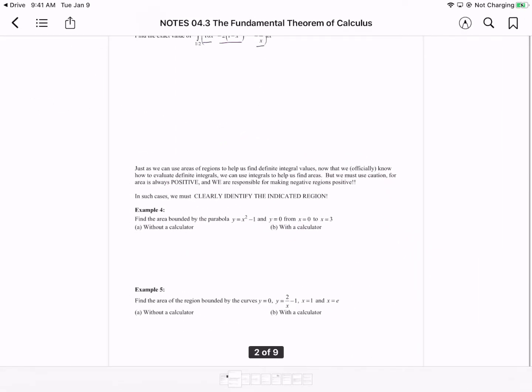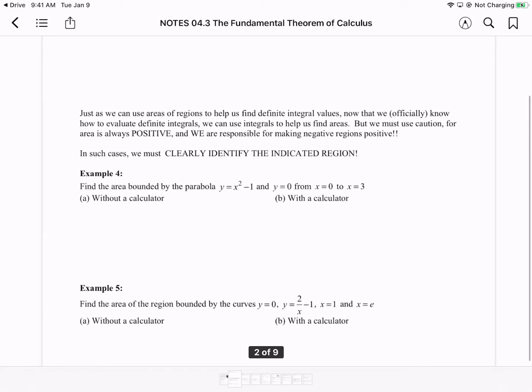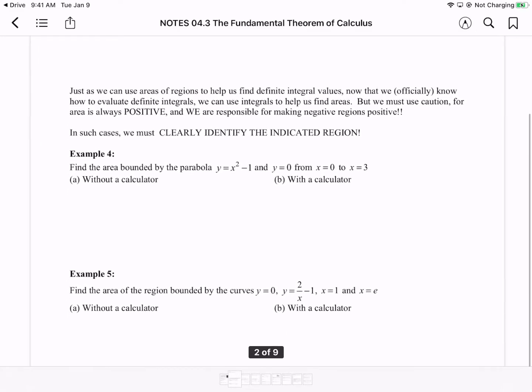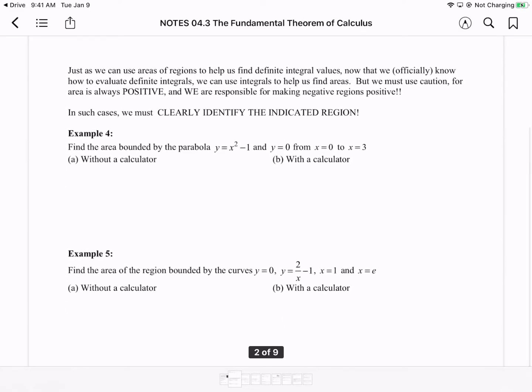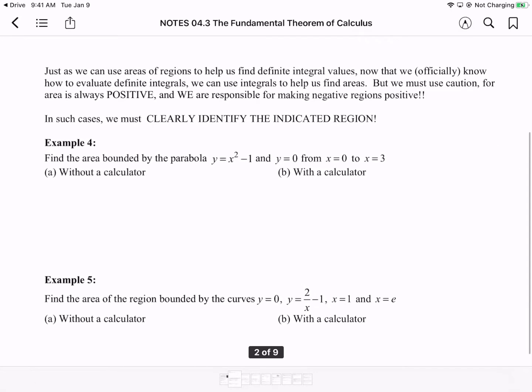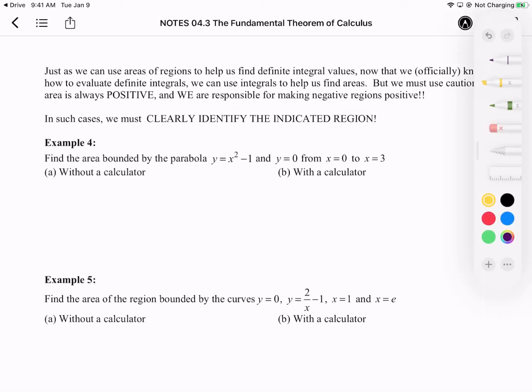And the last thing that I'm going to show you in this video is down here. So in this paragraph, it says, just as we can use areas of regions to help us find definite integrals, now that we officially know how to evaluate definite integrals, we can use integrals to help us find area. So we're going to be finding area again, but this time finding areas of things that are different from like a rectangle or a triangle.